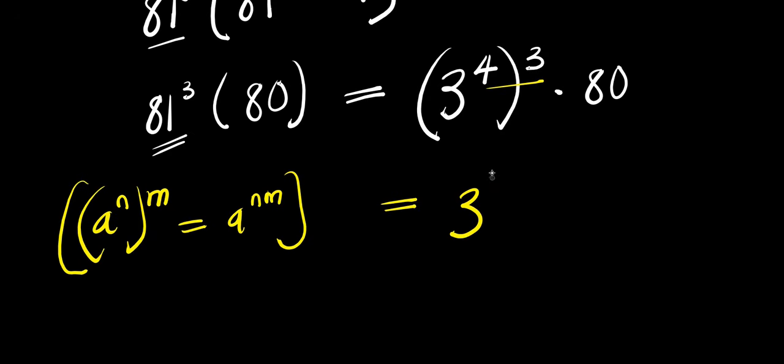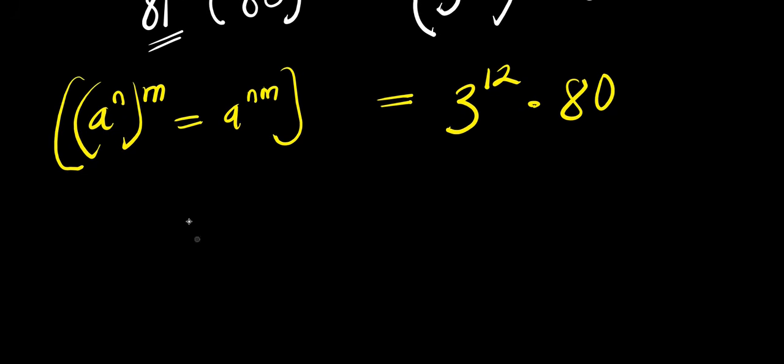This will give me 3 power 12 times 80. So from here, I will simply have 3 power 12 is 10 plus 2 times 80.